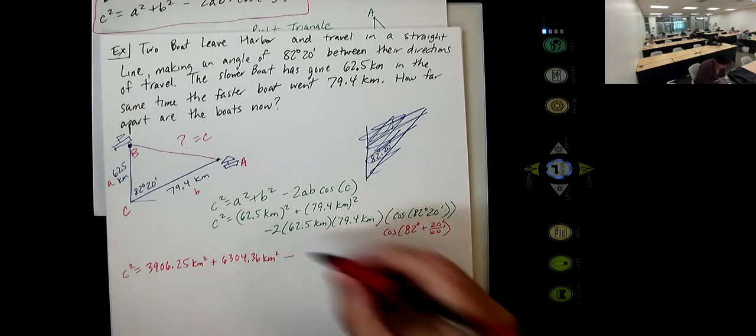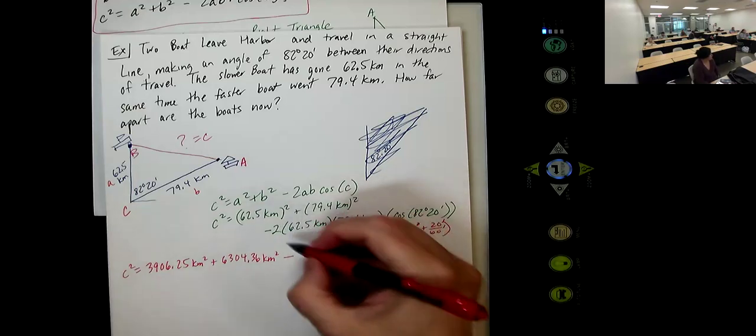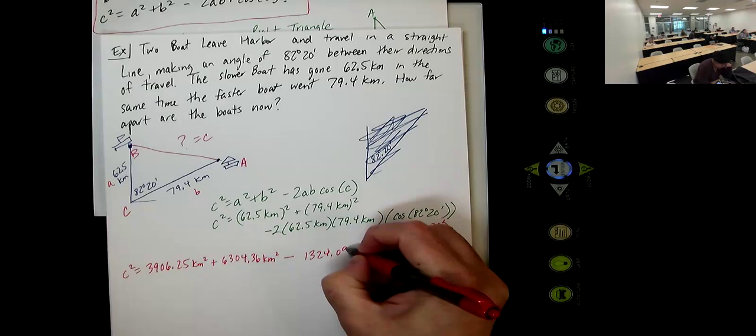And then what is this value right here? 2 times 62.5 times 79.4 times cosine of parentheses 82 plus 1 divided by 3. And on this one, I'm getting 1324.09.